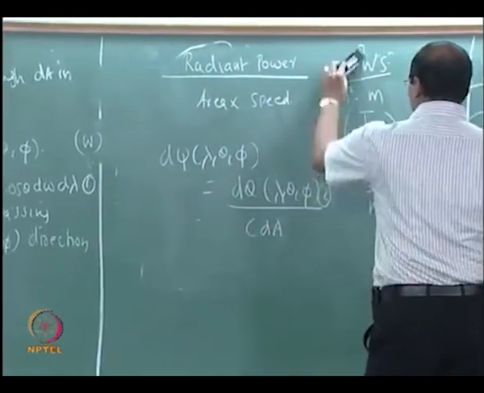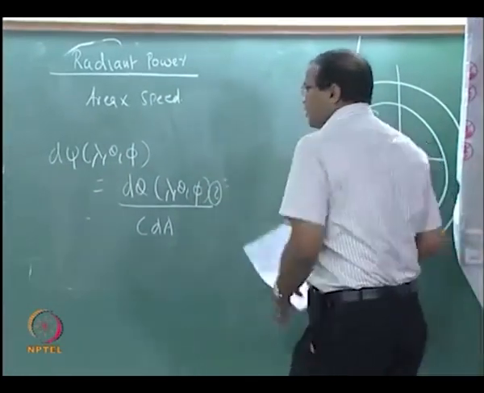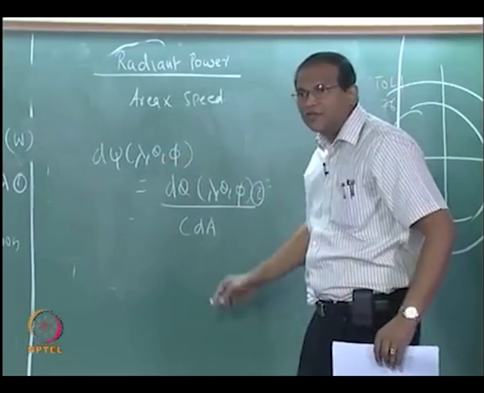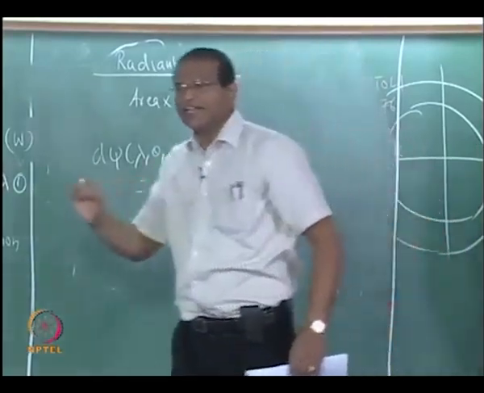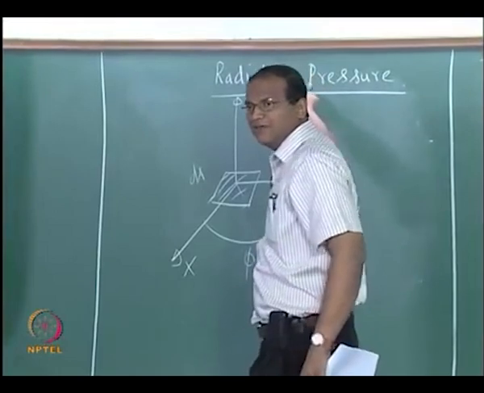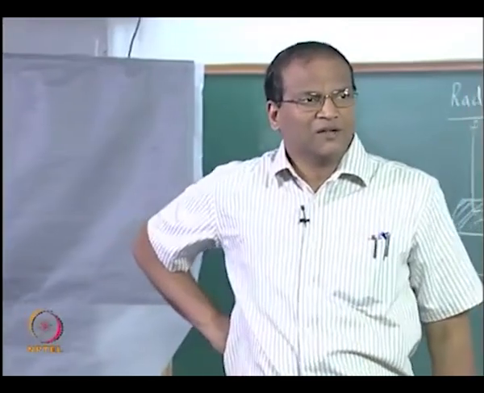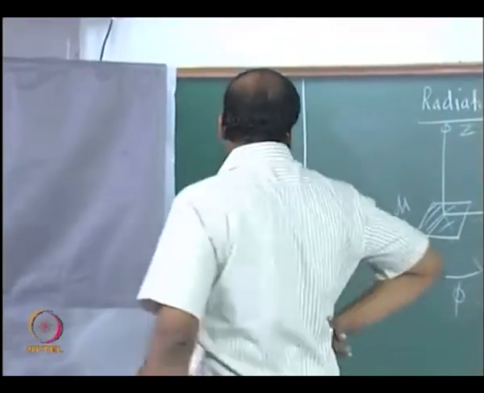You are convinced that it has got the units of joules per meter cube or Newton per meter square. So if we proceed along this direction, we should get an expression for radiation pressure. That is the goal of this exercise. The title is radiation pressure for this subsection. So by doing this mathematical derivation, by going through these steps, we should be in a position to get an expression for the radiation pressure.